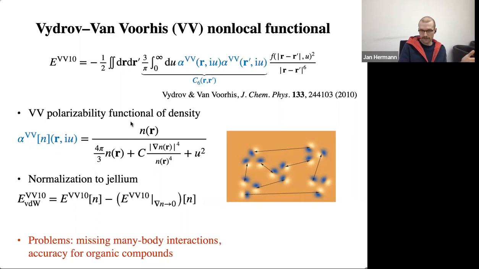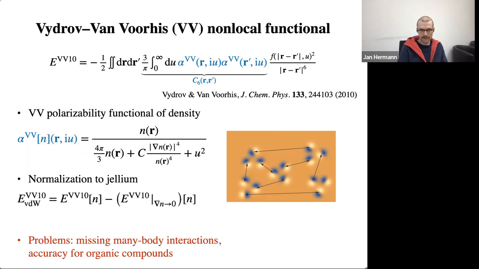And so there's this simple formula from Vydrov-Van Voorhis, which works surprisingly well. And one nice trick that you can use in this approach that makes this work pretty well also for things like metals is that you can normalize it to the homogeneous electron gas, right?